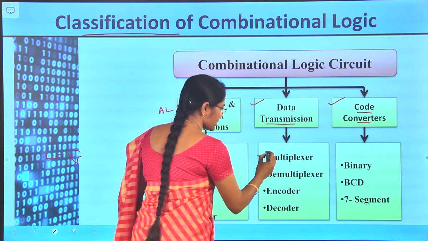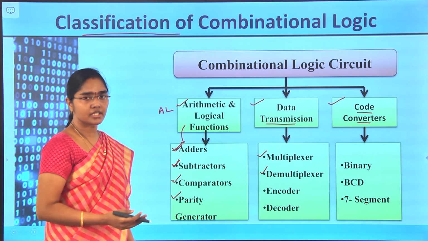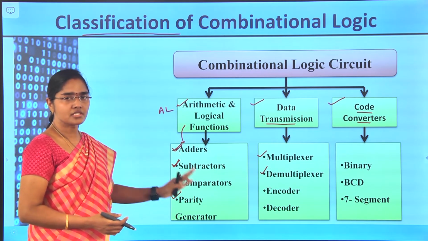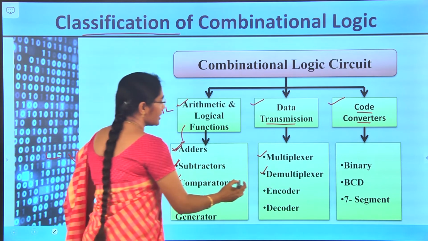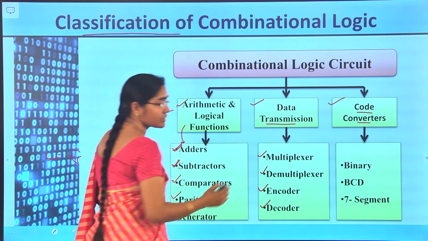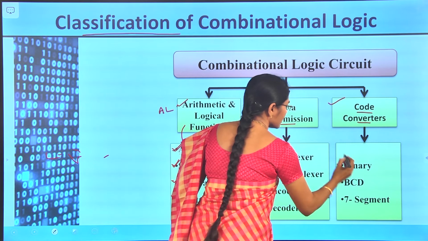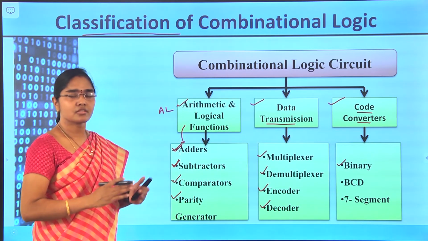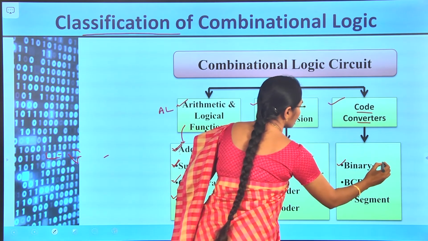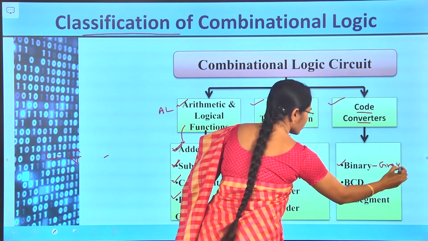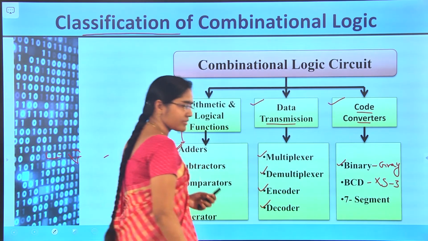Then for data transmission, in digital communications we are always going to transmit data, and for that we use combinational digital circuits: multiplexer, demultiplexer, encoder and decoder. Then code converters: to save memory, sometimes conversion from one code to another is required, such as binary to Gray code or Gray to binary code, BCD to XS3 code, and BCD to 7 segment code.